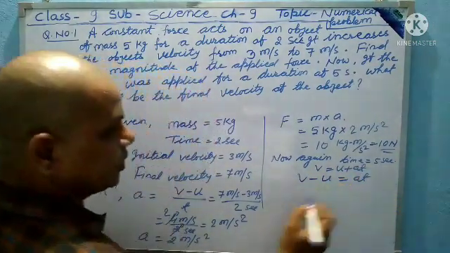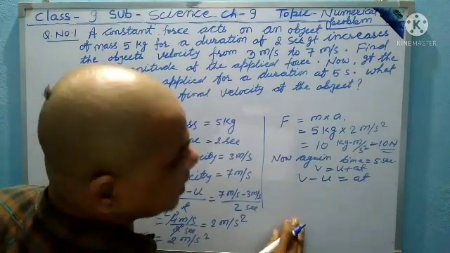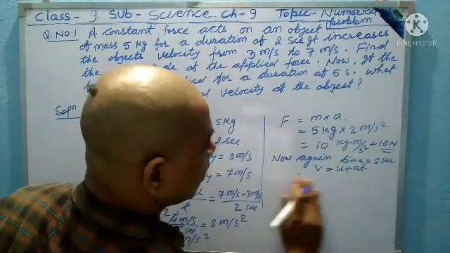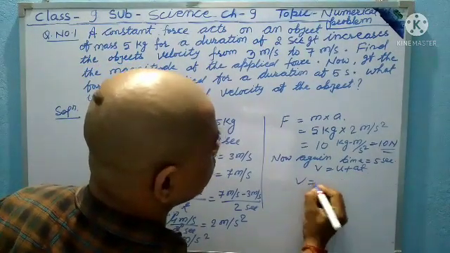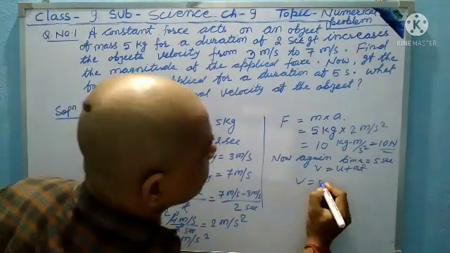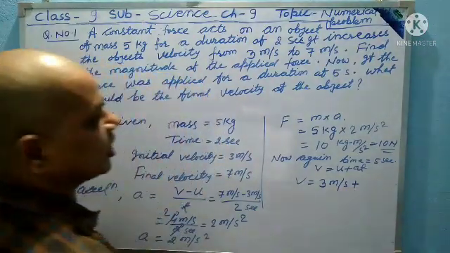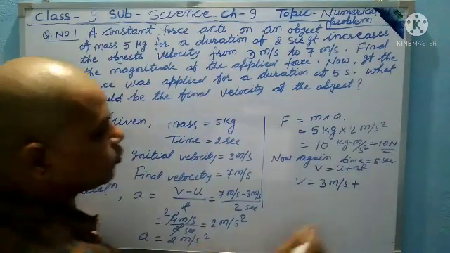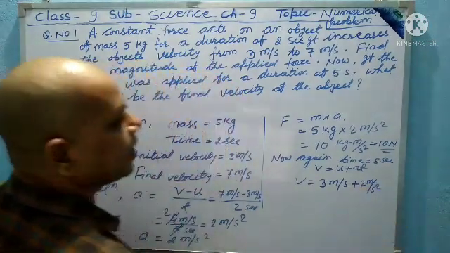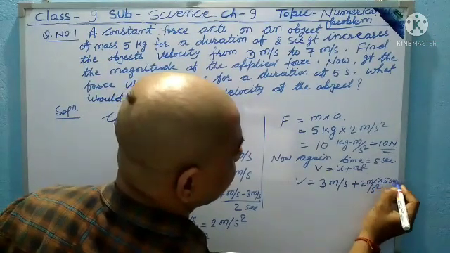So, u is on this side. So, v minus u is equal to at. v is to be found out. So, v is equal to initial velocity, that is 3 meter per second, plus acceleration, that is 2 meter per second square, and time is equal to 5 seconds.